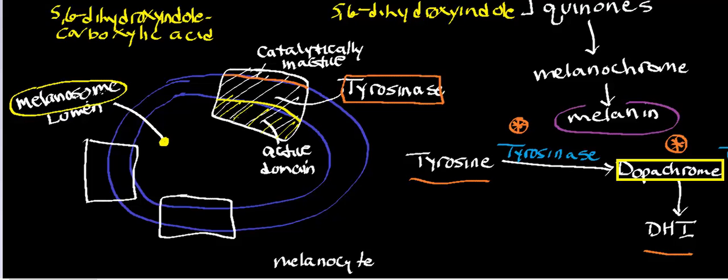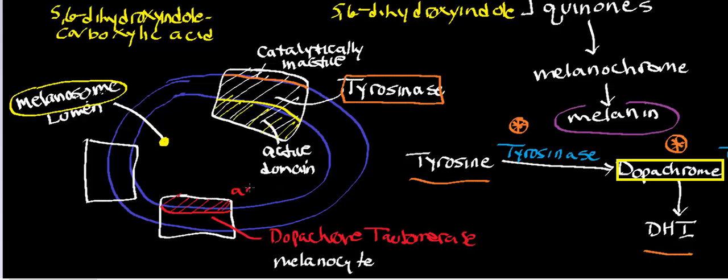Also in the membrane of the melanosome, we have a type 1 membrane protein. This particular type 1 membrane protein is really important. It's called Dopachrome Tautomerase. This is the enzyme we're studying in this video. And like we saw in tyrosinase, we have this part that faces the melanosome lumen, and this is what we call the catalytically active domain.